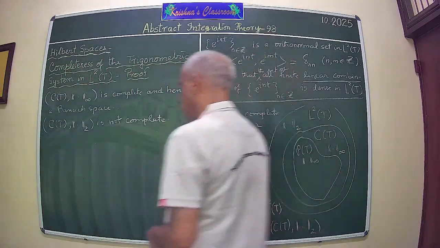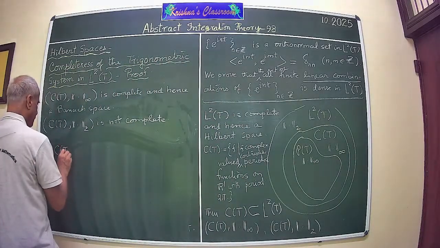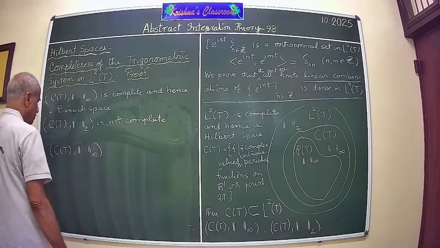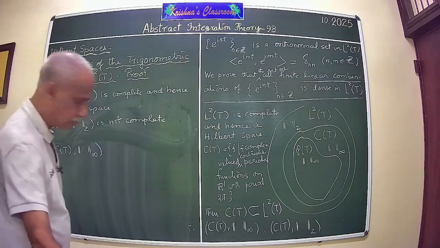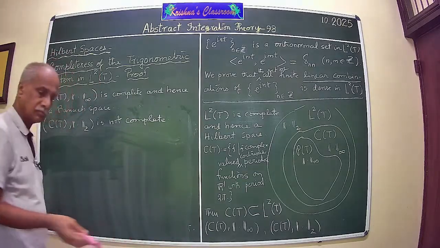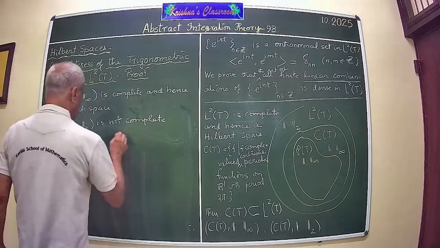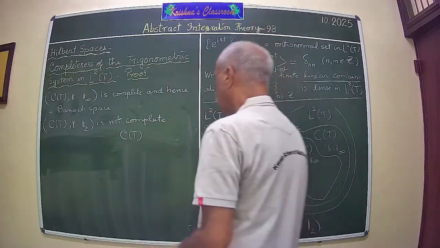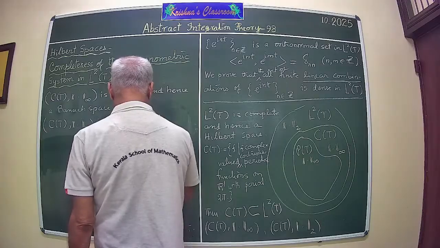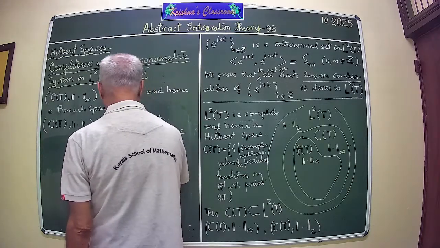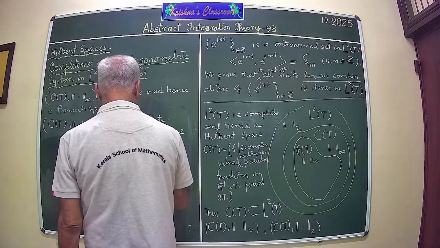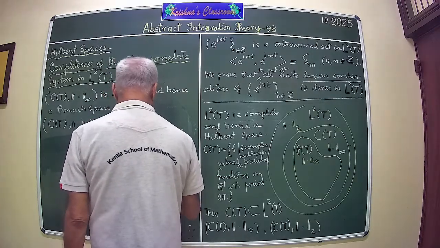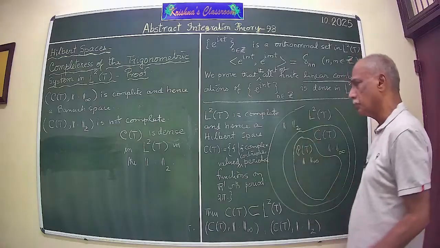Now you see that C(T) is the set of all continuous complex-valued periodic functions on T. A general theorem, this result is there, so we are going to make use of it.